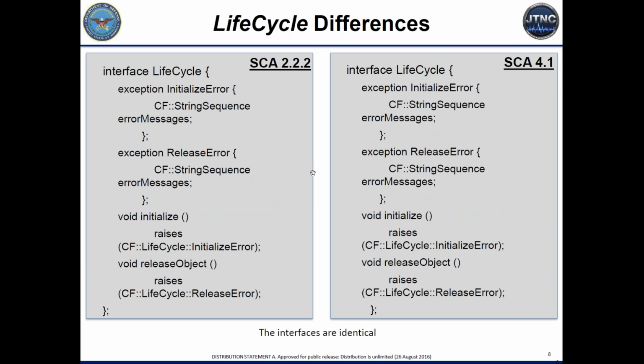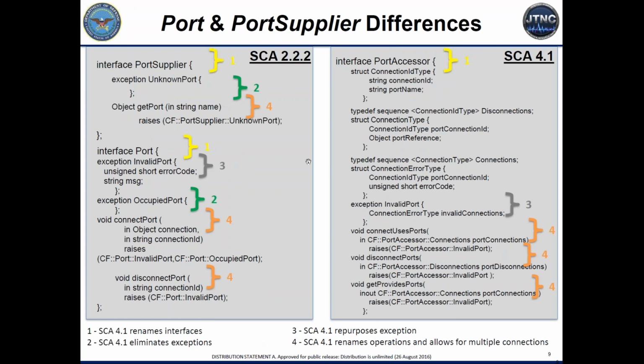LifeCycle is another one of those interfaces you'll see. The 4.1 LifeCycle is identical to the 222 LifeCycle. So we are able to minimize that, and that is work that would not need to be done as part of the migration.